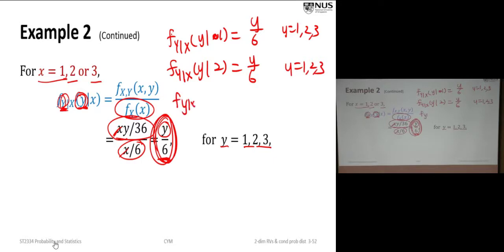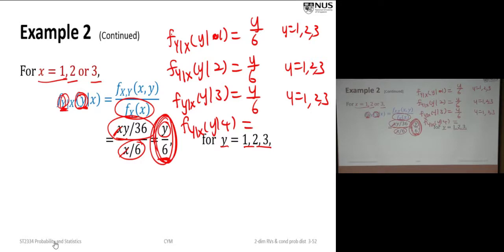Given x equal to 3, it is also y over 6 for 1, 2, 3. F of y given x equal 4, it's no more y over 6. It's 0, because the joint PDF does not equal non-zero when x equals 4. So this is equal to 0. So my point is, in this example, the conditional distribution is supposed to be the condition of y given x.